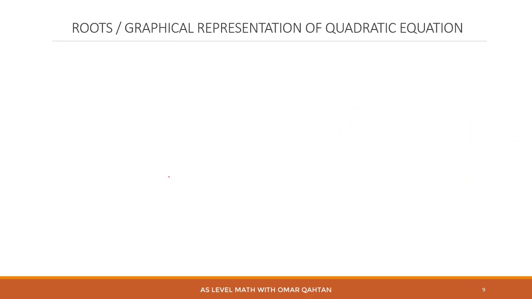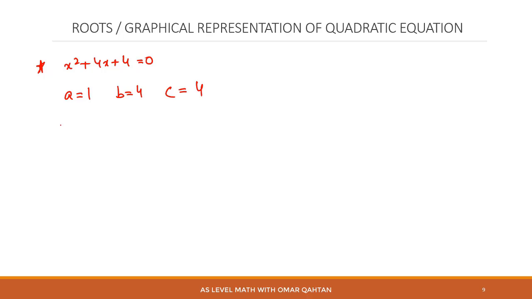Let's take some equations to further solidify our concept. How do we actually check whether an equation is giving us equal real roots, distinct real roots, or whatever type of roots? Let's see. We have the equation x square plus 4x plus 4. In this equation a is equal to 1, b is equal to 4 and c is equal to 4.